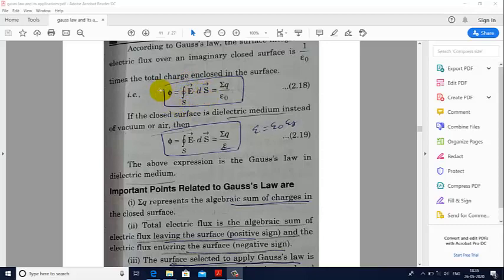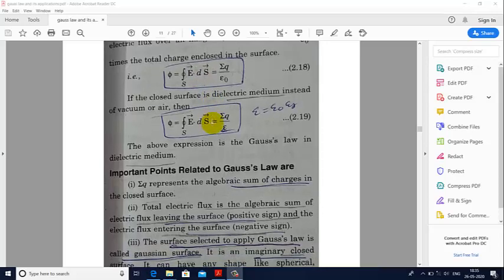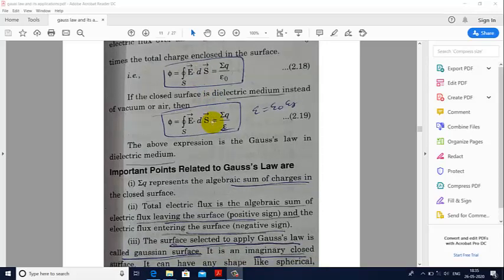Okay, so we can write it like this: phi is equals to surface integral E dot ds is equals to summation of Q upon epsilon 0. Okay, if in place of air or vacuum, we use a dielectric medium, then we will write here epsilon in place of epsilon naught. So this is the formula for Gauss law in a dielectric medium.